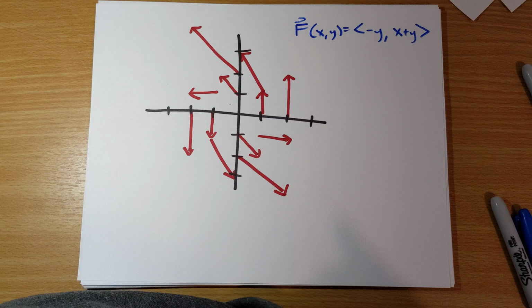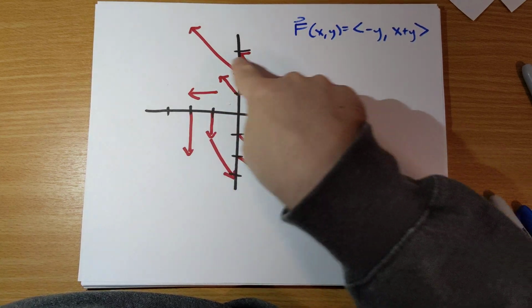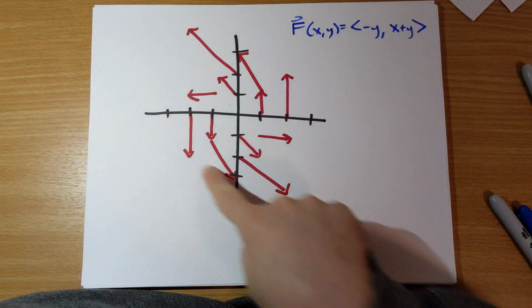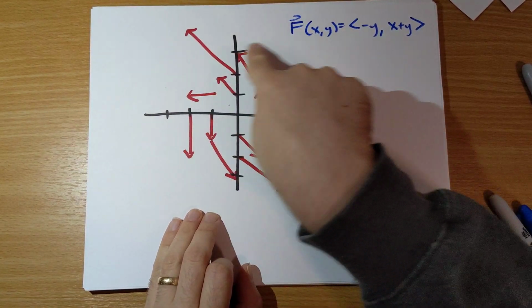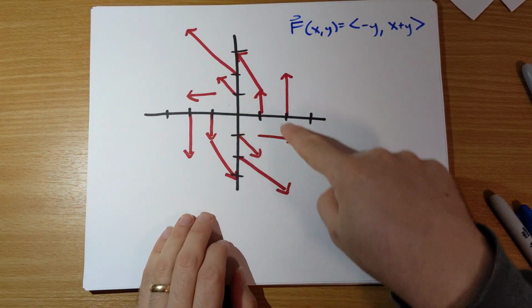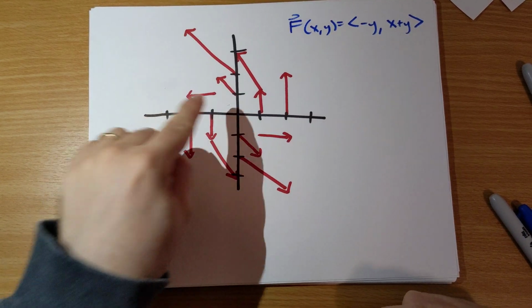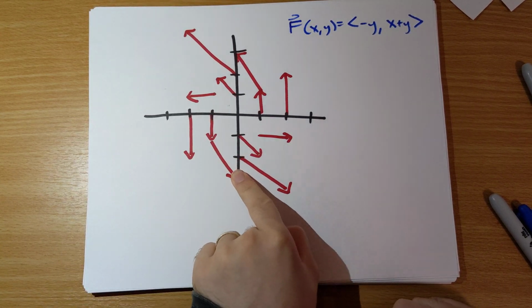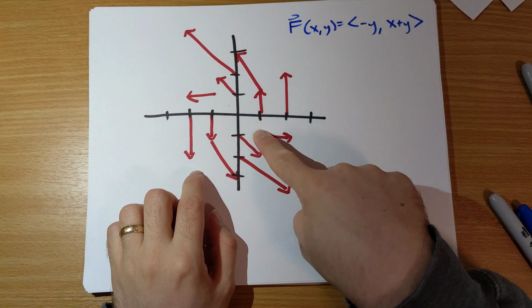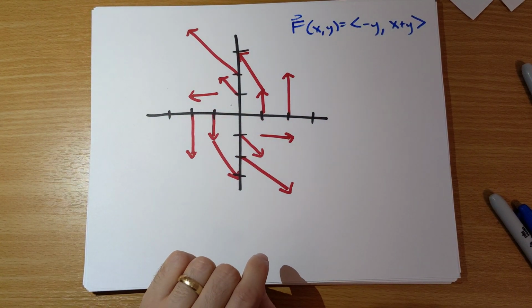For example, right here there is some kind of maybe circular behavior going on. It seems like we are rotating around here, in a counterclockwise direction. Like at this point we're heading down, or at this point we're heading down and to the right. If we're over here, we're moving to the right. So there's some kind of counterclockwise movement.